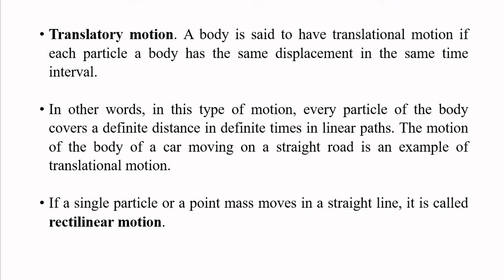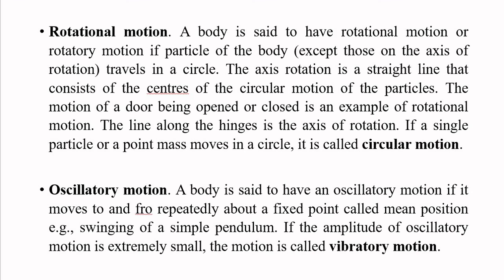Then we have rotational motion. When a body moves or rotates such that the distance of its outer surface from the center point remains fixed, that is called rotational motion.